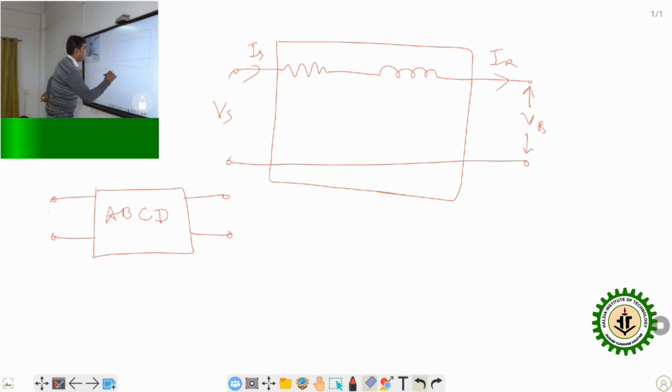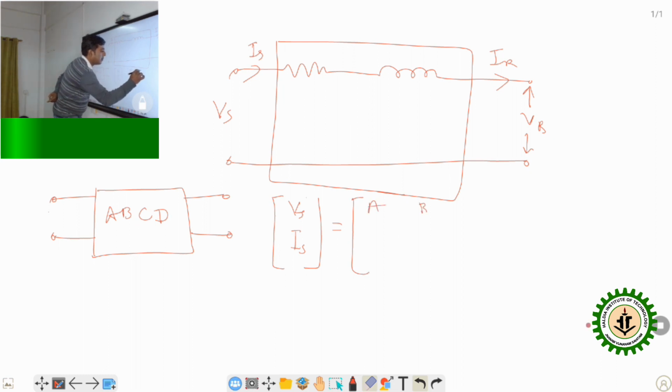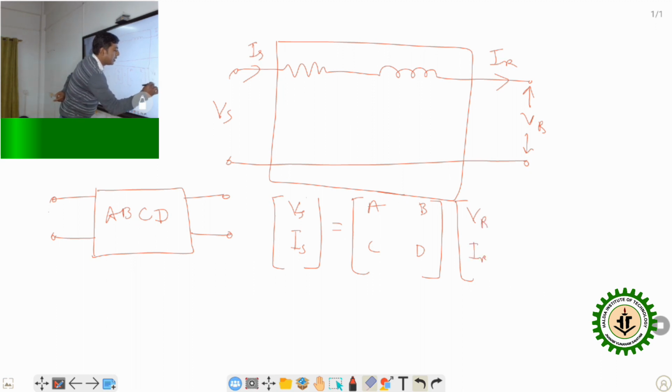So the network can be represented as a matrix: Vs and Is equal to the matrix A, B, C, D times Vr and IR.